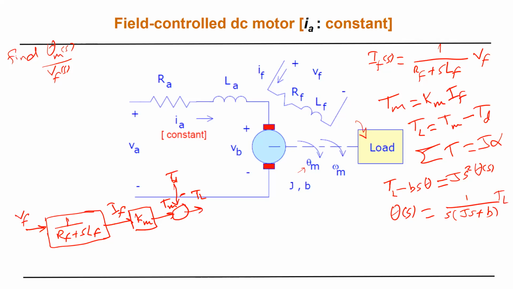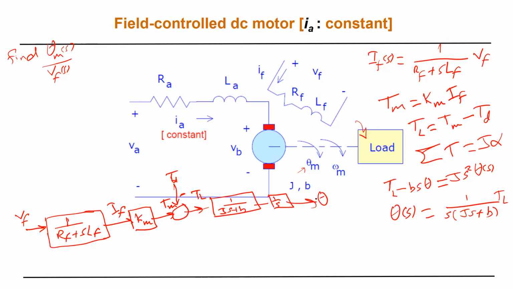Any question here? Now we can find the response. Let me connect here: 1 over (JS plus B), then 1 over S.